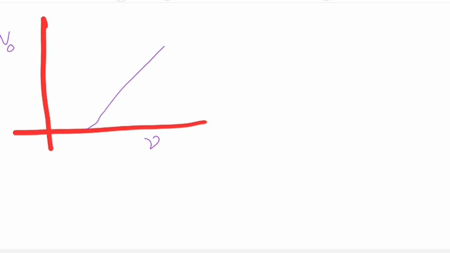When we plotted the graph of stopping potential against frequency, we obtained a linear straight line. This straight line is constant for various other metals. Suppose this axis is the y axis and this axis is the x axis. If I divide y upon x, I get the work function upon frequency.